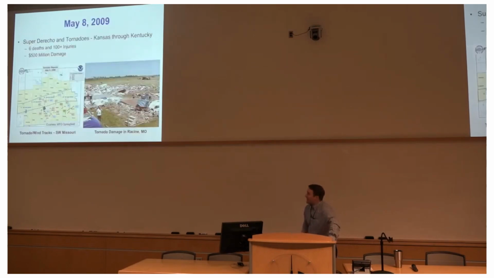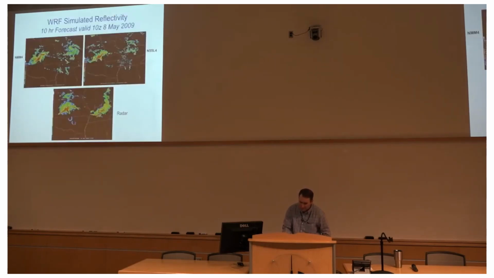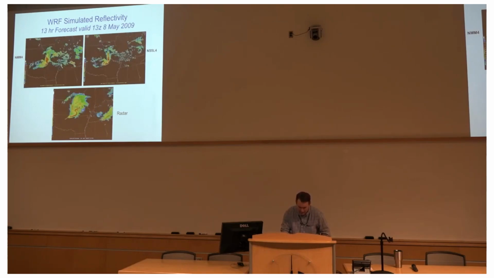The super derecho case, this one's pretty interesting when you see the simulations. This is the end of it, early on the 8th, May 8th of 2009. A lot of QLCS tornadoes in there. But just a 10-hour forecast of these convection-allowing models, NMM on the left and ARW on the right, it's pretty remarkable.